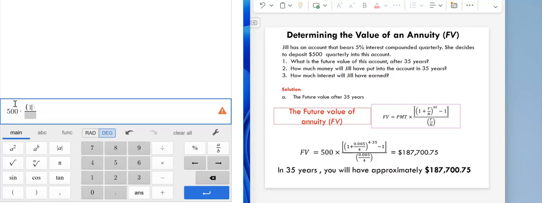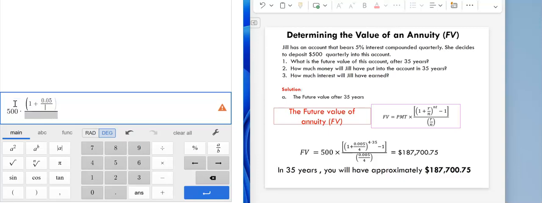You do 1 plus r, which is going to be 0.05, 5% as a decimal, divided by n, which is quarterly, is 4, and you raise it to the power 4 times 35, because this formula says n times t, n is 4, multiplied by 35. 4 times 35. Okay.